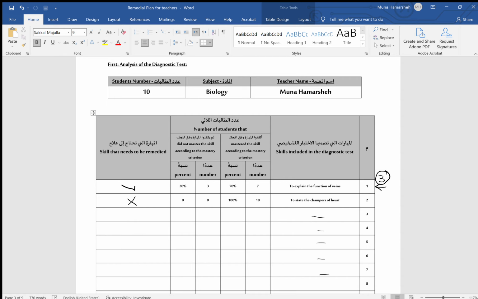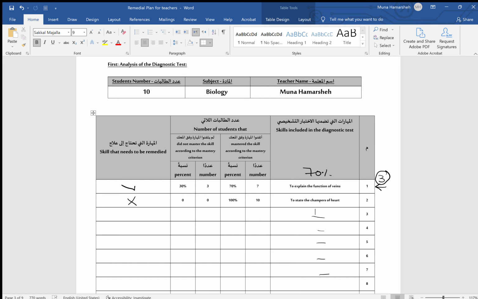According to the school mastery criterion, which is 70%, students must score more than or equal to 70% to be considered as mastering the skill. So 70% of the 3 marks is 2.1.